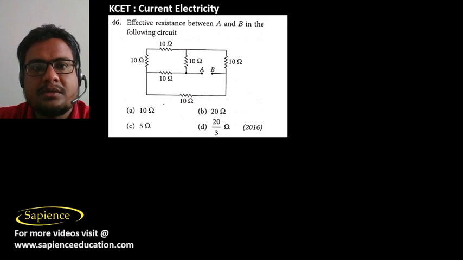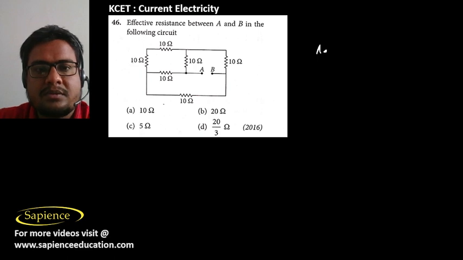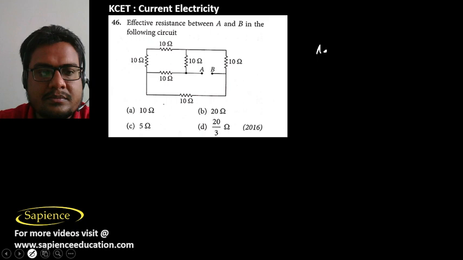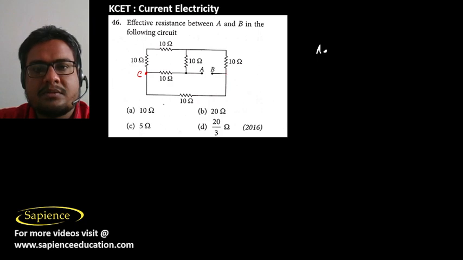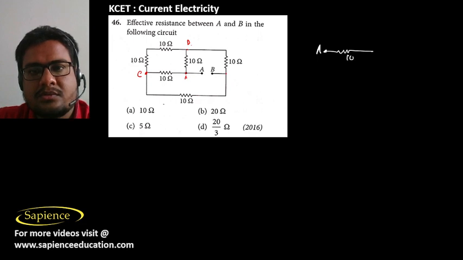So here it is told to find the effective resistance in between the points A and B. Now we can say this point is A, this is point B, and let's say this point is C. This point will be B, this point also will be A, and this point is, suppose, D. In between A and C there is one resistor of 10 ohm.